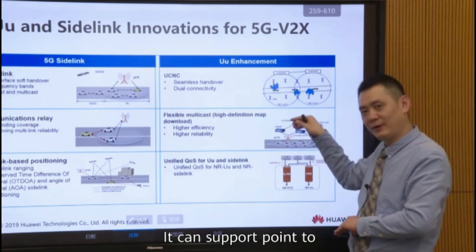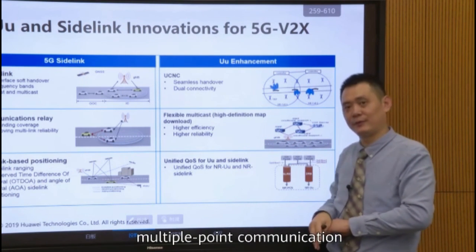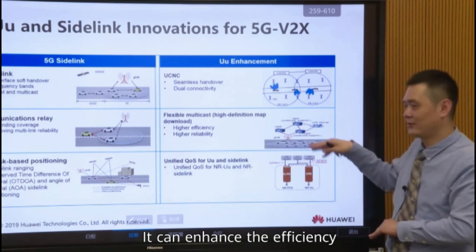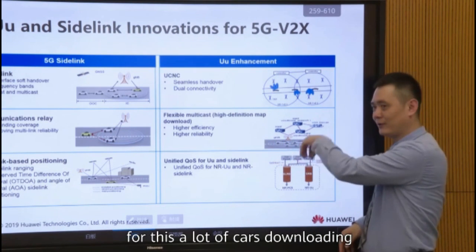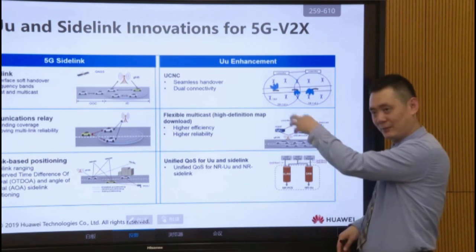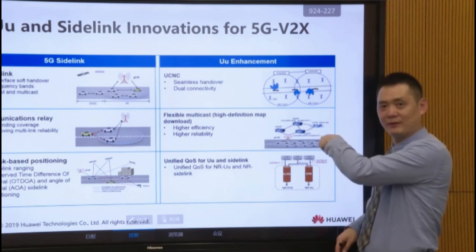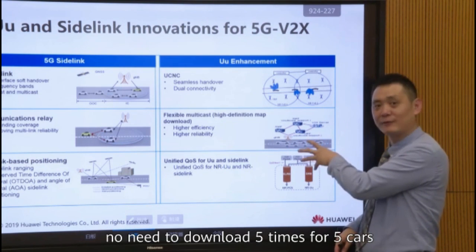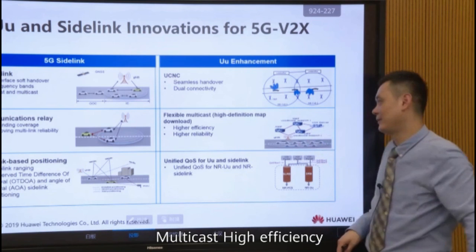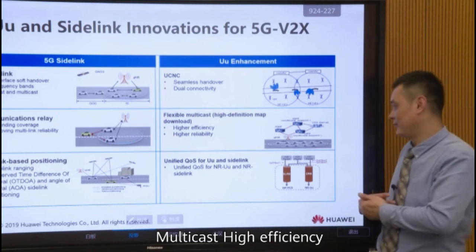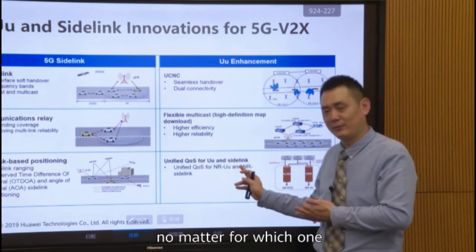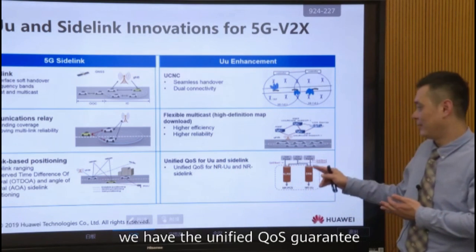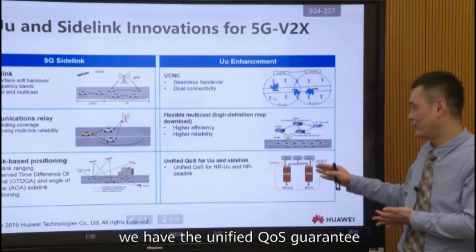It can support point to multiple point communication, which enhances the efficiency when a lot of cars are downloading the map at the same time. Then we can download just one time, with no need to download 5 times for 5 cars. It is multicast, with higher efficiency. And no matter whether it is the UU interface or the side link, we have a unified QoS guarantee.